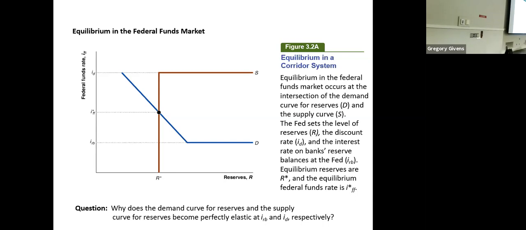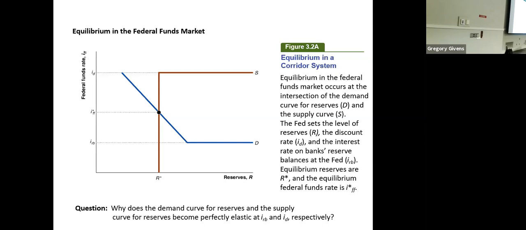What if the funds rate were higher than the discount rate? Then what would we tend to see? Banks would borrow money from the Fed at the discount rate and then try to lend in the federal funds market. And the gap between those two interest rates would be profit, right?